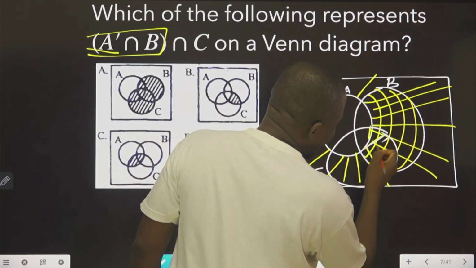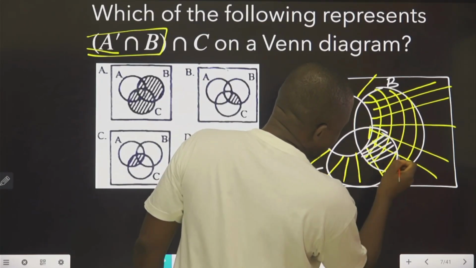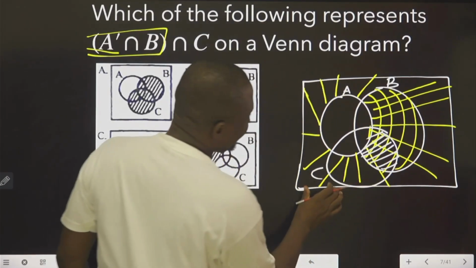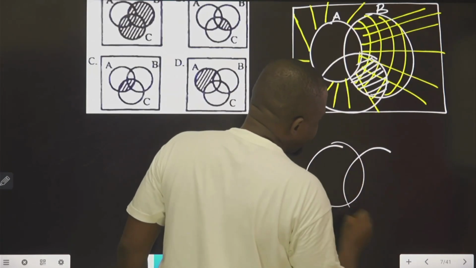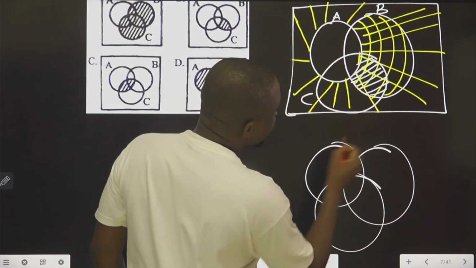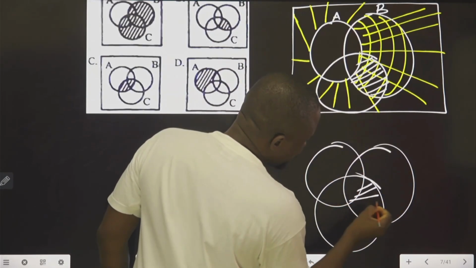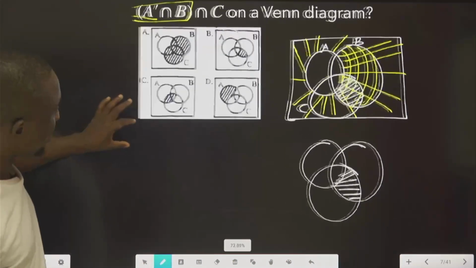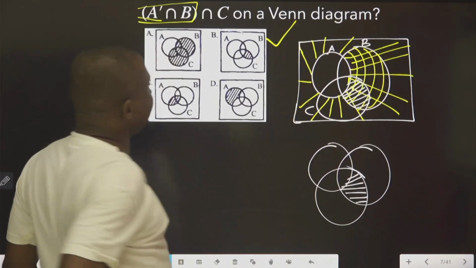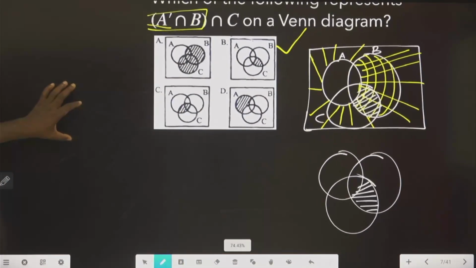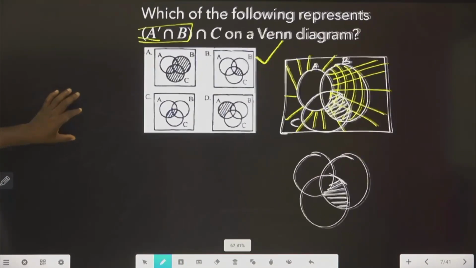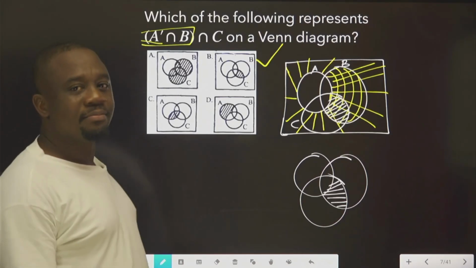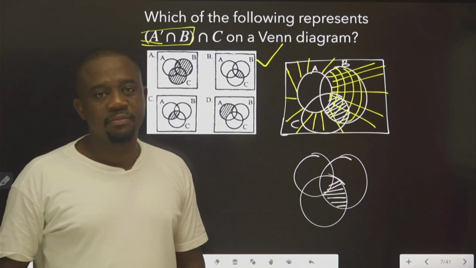That is, let me use white now, that is this area. So therefore, if you redraw this now, you agree with me, this area is what we are talking about. That is what the answer is. So therefore, if you check here now, the answer is B. Okay, the answer is B. Hope you understand Venn diagram. Practice makes perfect. Thank you.